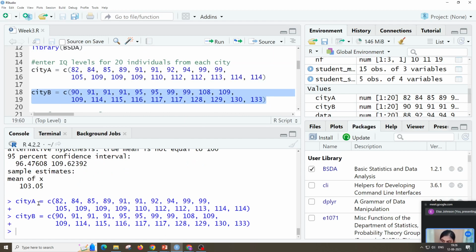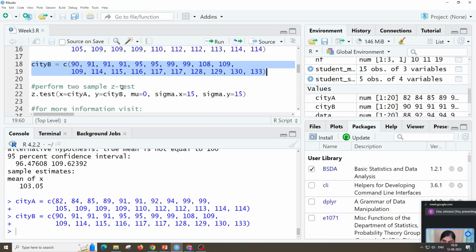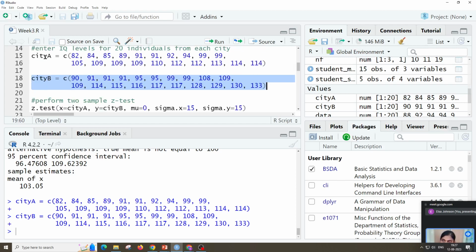City A has this much, city B has this much. In that I am performing the two sample test. For two sample test you have to give x equal to how much and y equal to how much. So x I have stored in city A and y I have stored in city B.